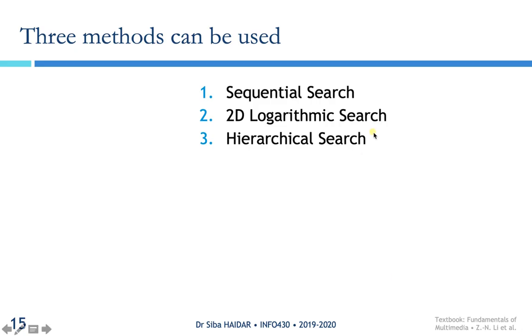Okay, the three methods to search the window are the complete search, the sequential search. Another way is the 2D logarithmic search. So this will reduce the cost to n to the power 2 into log of n. And the third method is the hierarchical search.